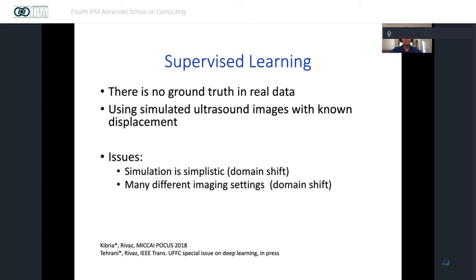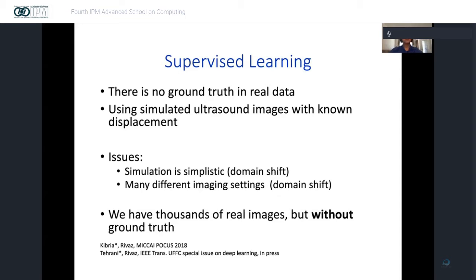In addition, there are many different imaging settings. For example, if you want to image the thyroid, you have a different imaging setting compared to if you want to do transcranial imaging of the brain. Again, we have different statistics of the image, which can also create domain shift and degrade the quality of the displacement estimation.